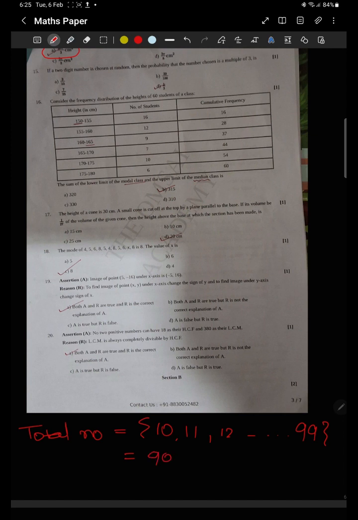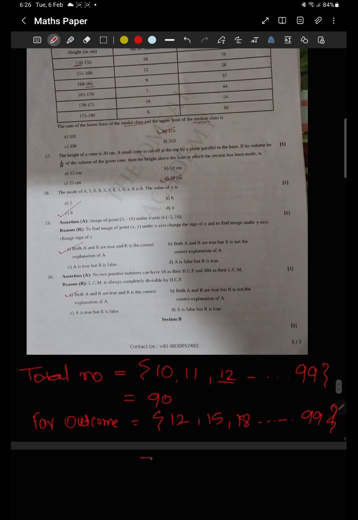Then from this set we have to find the two-digit numbers which are multiples of 3. So favorable outcomes, which are multiples of 3, start from number 12: 12, 15, 18 till 99, which is also a multiple of 3. So the total favorable outcomes are 30 if you count.